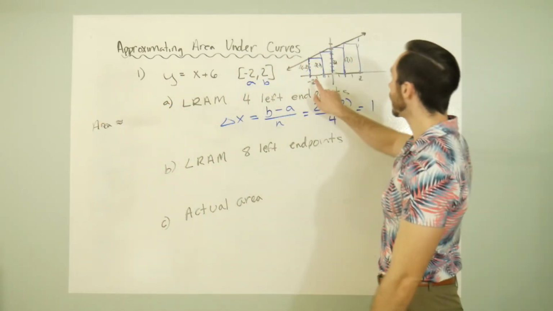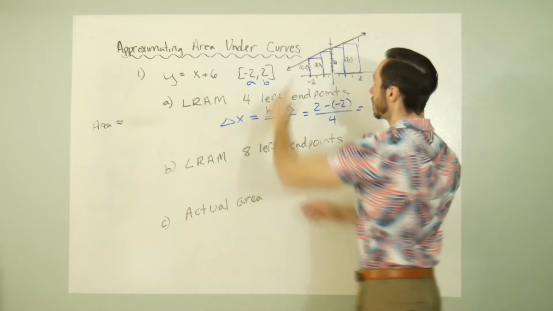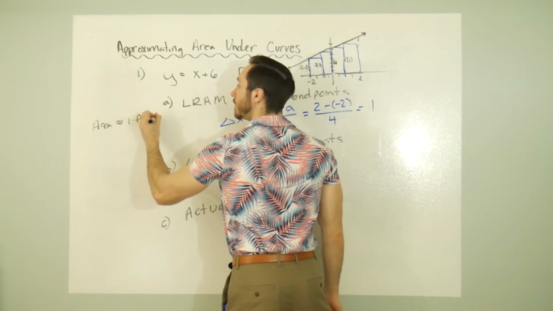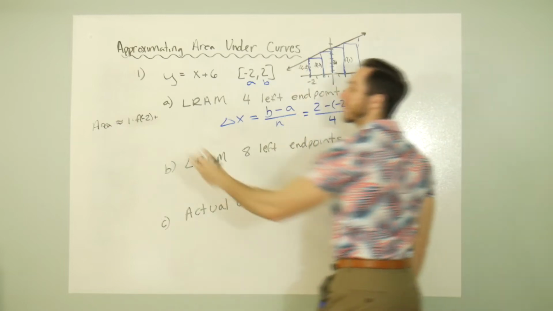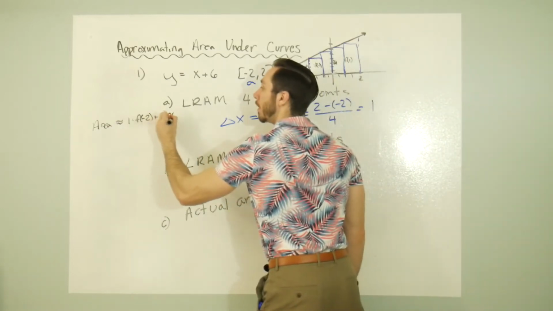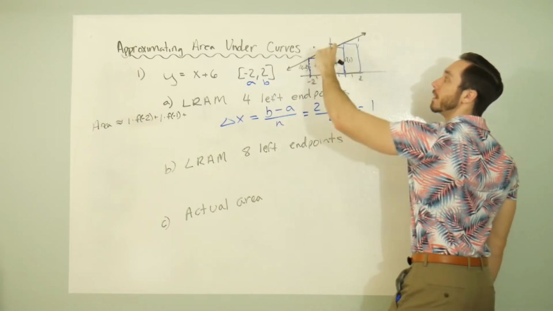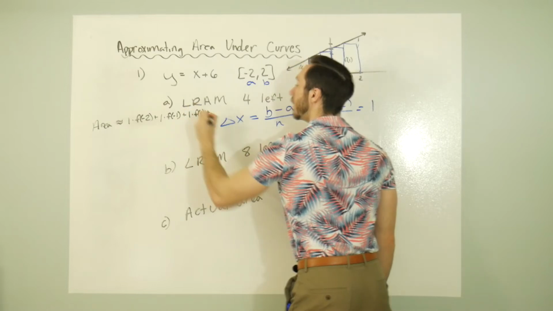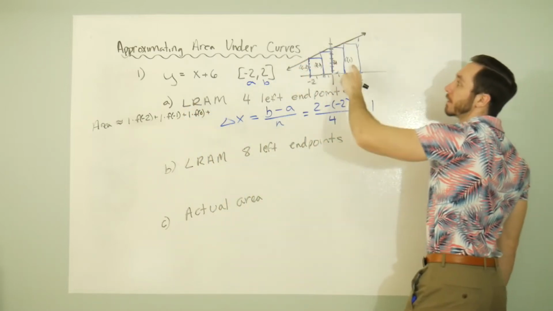Okay, so the area of the first rectangle is its length times width, so it'll be 1 times f of -2, plus, next one would be 1 times f of -1. Next one is going to be this width of 1 times f of 0. Last one's going to be this width of 1 multiplied by this height here, which is f of 1.